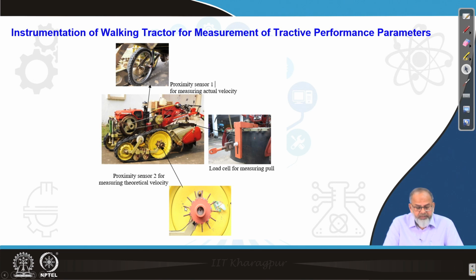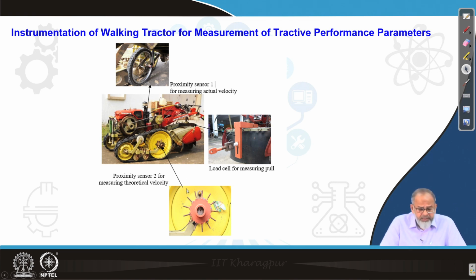The spikes are fixed to a sprocket attached to this, and we have a proximity sensor which senses these spikes and gives a signal in the output. Basically, a proximity switch senses the presence of metallic objects like these spikes. Once it senses, it gives a signal. That signal, or the spikes you get in the output, are counted, and if you know the time duration, you can find out the speed of operation.